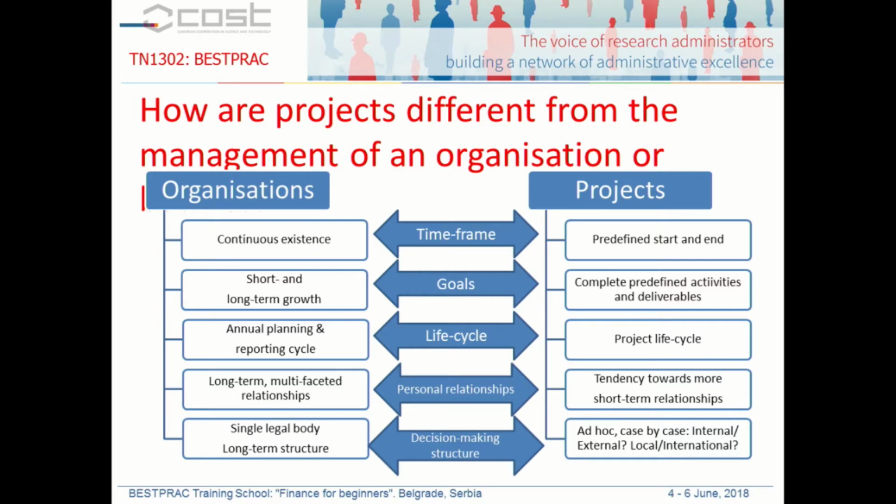In projects, the decision-making structure is on an ad hoc basis, and it's limited to this one activity, this one project. But you may have challenges in that most Horizon 2020 projects, not all, but most, involve several partners in several countries.